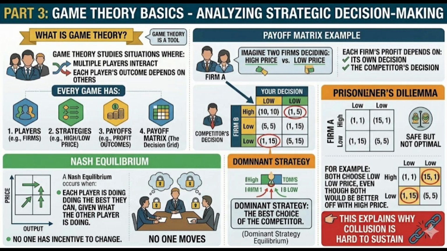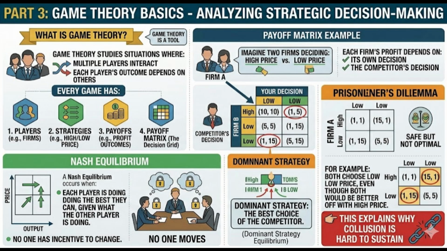Payoff matrix example. Imagine two firms deciding whether to set a high price or low price. Each firm's profit depends on its own decision and the competitor's decision. And there is a dominant strategy. A dominant strategy is the best choice regardless of what the competitor does. If both firms have dominant strategies, we get a dominant strategy equilibrium.